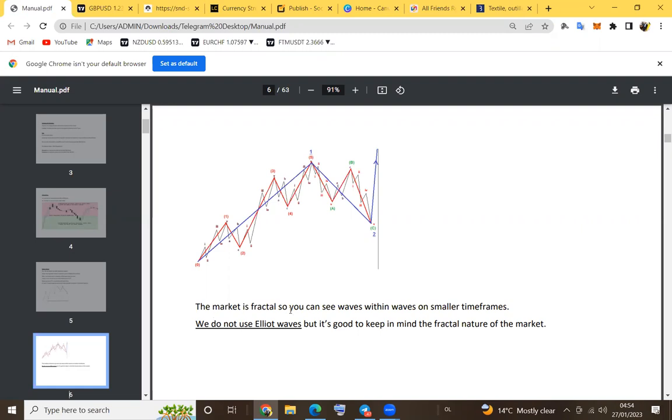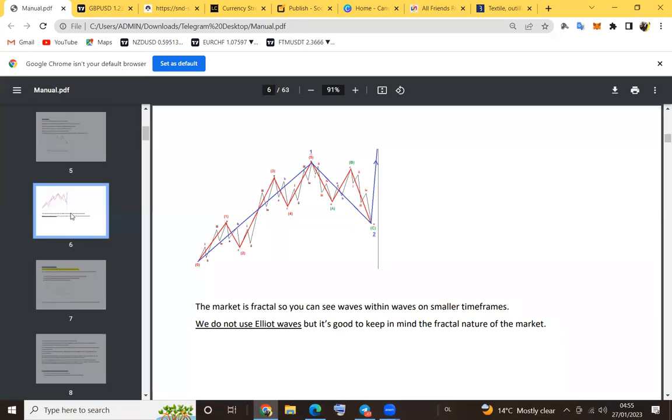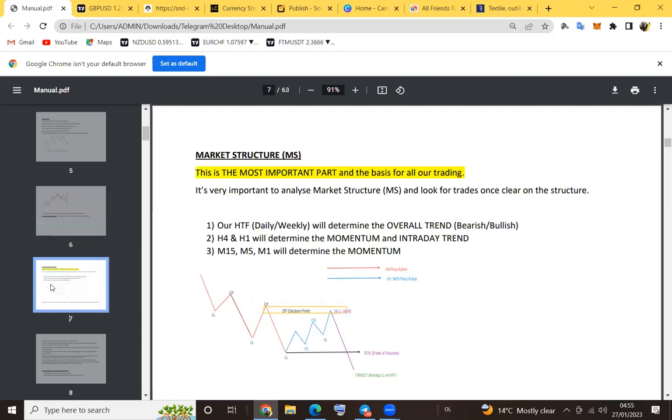And the market is a fractal, so you can see waves within waves on smaller time frames. But I wanted you guys to pay keen attention to the ABC wave, because the ABC wave components will help you, when a trend changes characteristics, to find a new trading opportunity in the direction of the new movement.